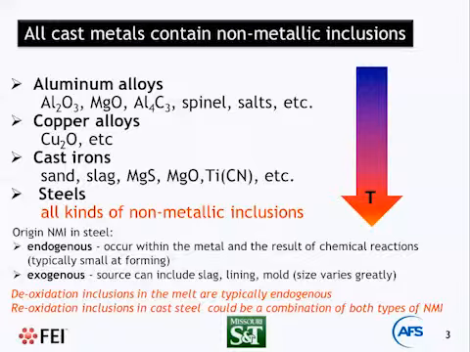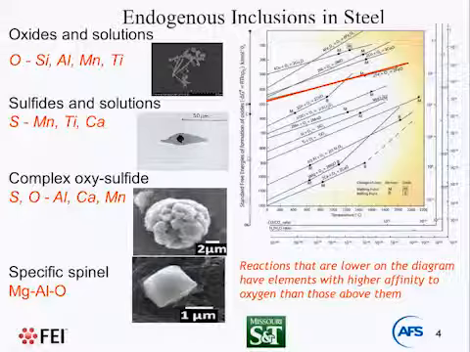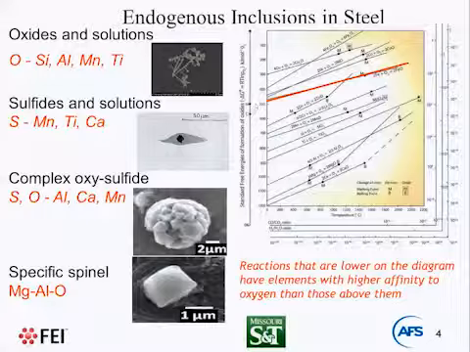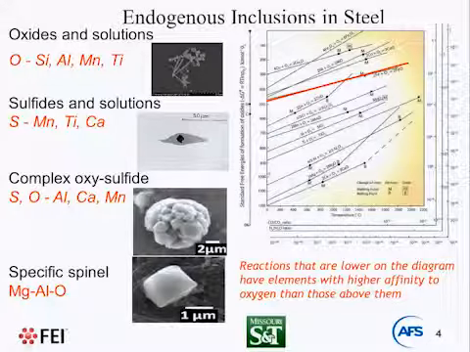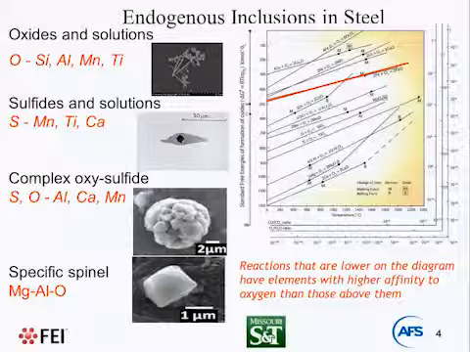This diagram on the right side shows Gibbs free energy, the vertical axis, of different oxidation reactions. All these numbers are negative. It means that we have a thermodynamic possibility of the oxidation reaction.